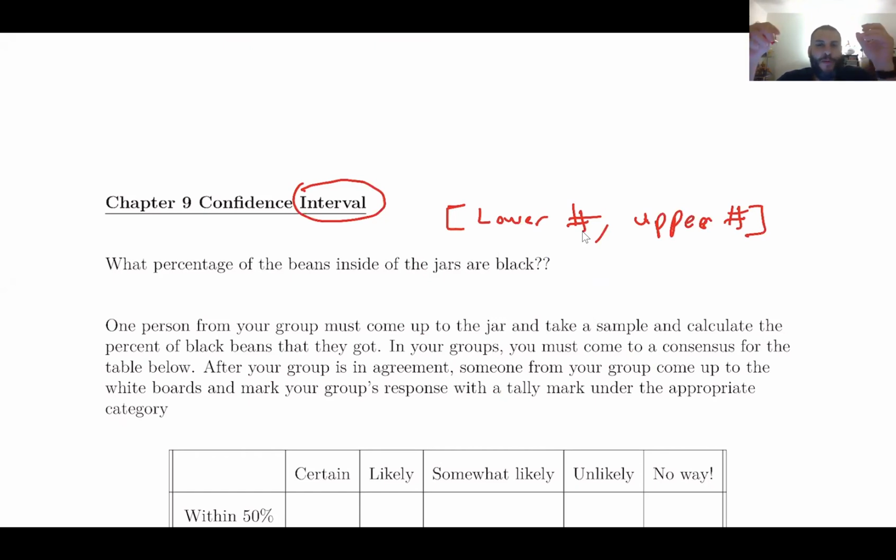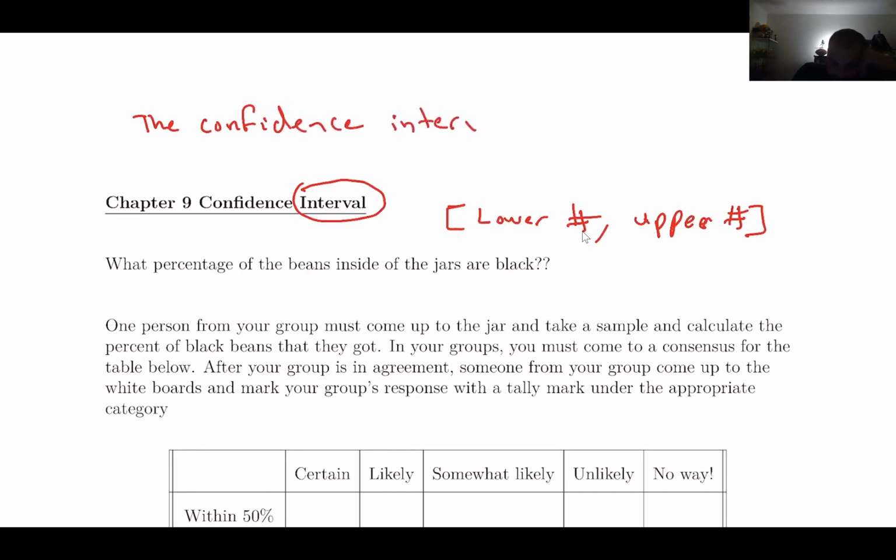What we're hoping for is that the confidence interval that we find should contain the parameter.